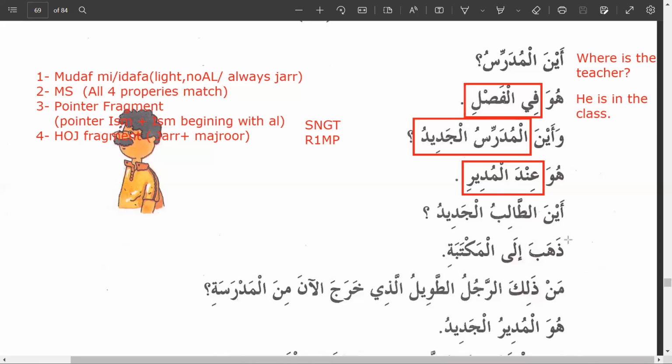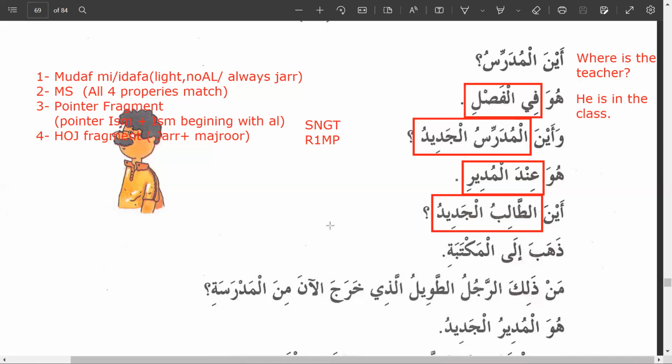The new student. And can you identify a fragment, a 2-word compound? Talibul Jadidu. Which compound? Mawsuf sifa. Yes, mawsuf sifa. Same, just like al mudarrisul jadidu, at talibul jadidu.